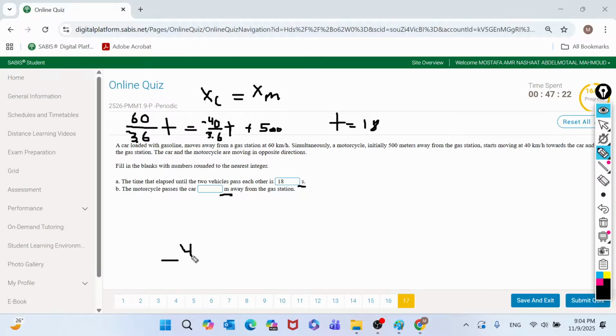So negative 40 over 3.6 times 18 plus 500 equals 300. So it's 300 meters away.